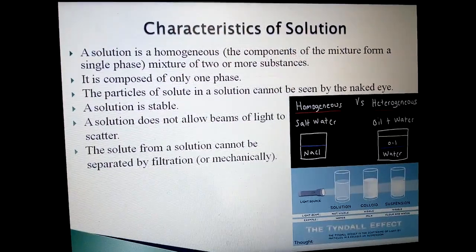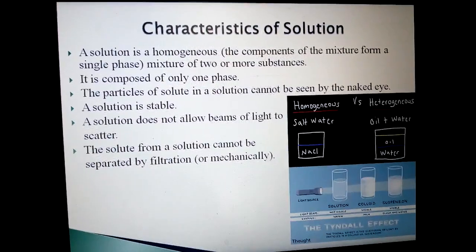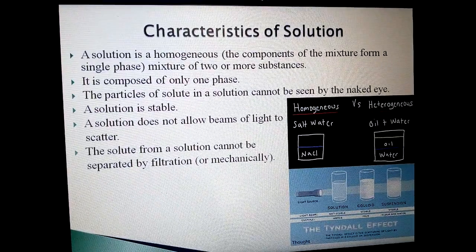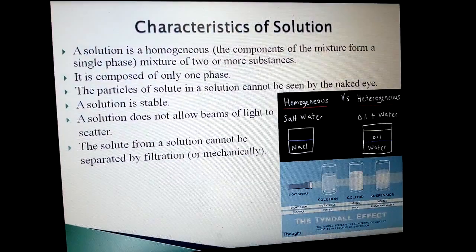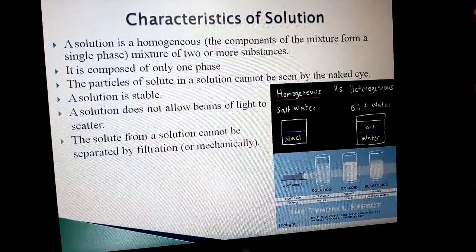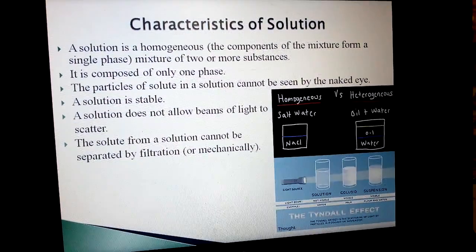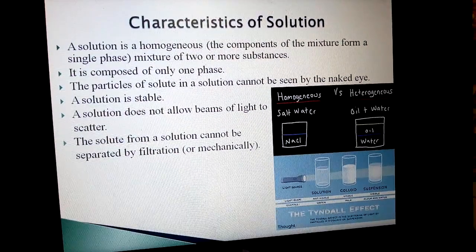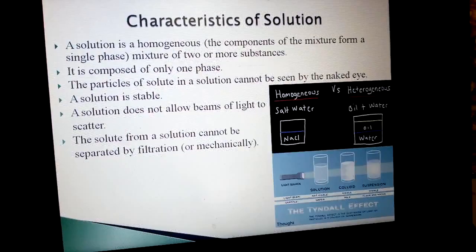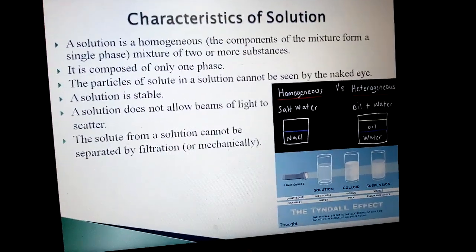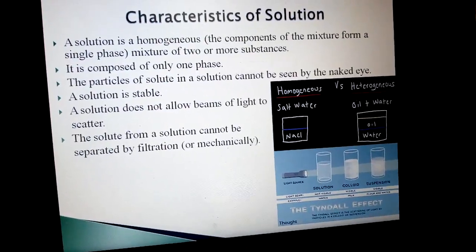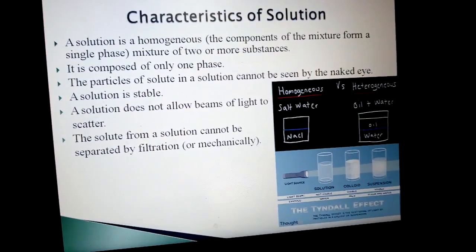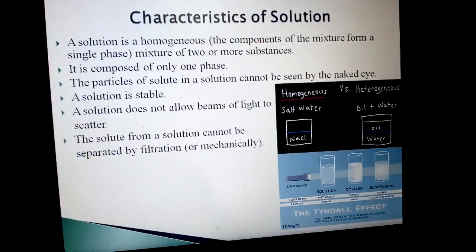Somewhere it's also written that solute is in solid state or solvent is in a liquid state. That is a wrong consideration. Whenever we discuss what will be the solute and solvent, we basically consider that the thing which is in smaller quantity acts as a solute, and the thing which is in excess or larger quantity relative to the solute serves as a solvent.